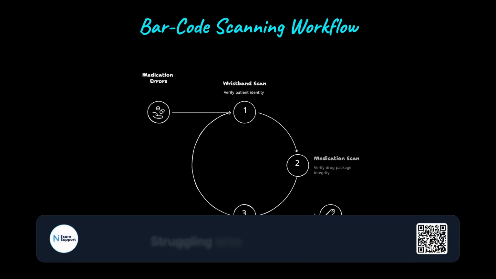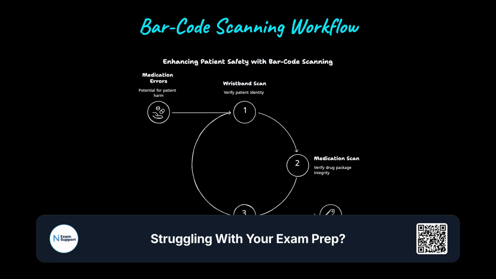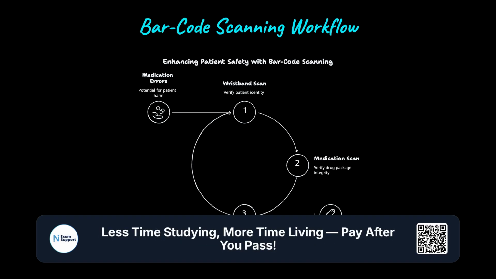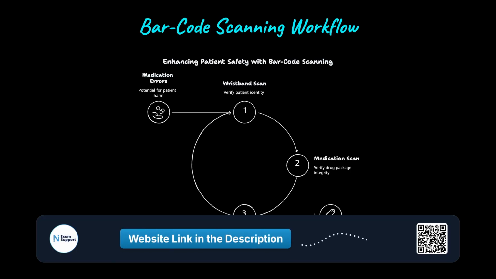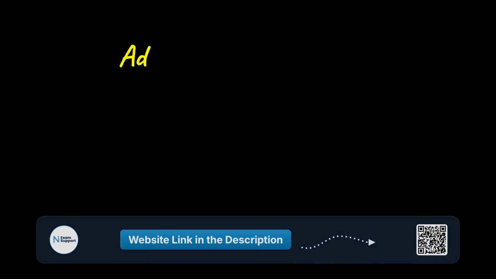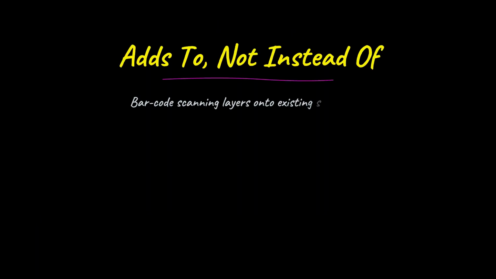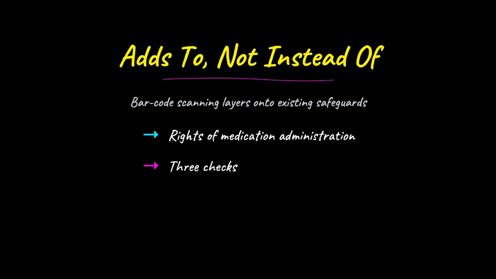The nurse scans the patient's wristband and the medication package, and the system compares both against the order, checking the medication, dose, and time before flagging any mismatch. The exam trap is thinking this technology replaces safety practices. It never does.